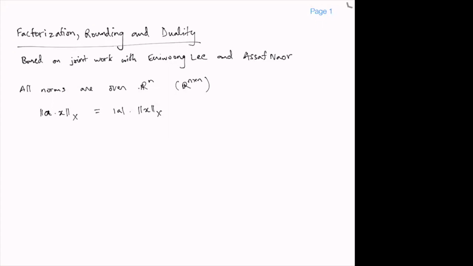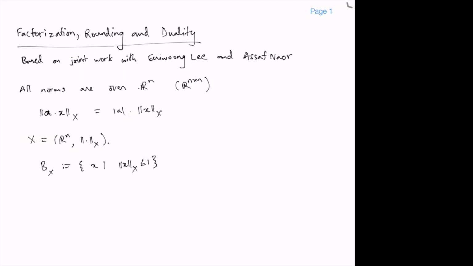I'll refer to a normed space by capital X. By this I mean that it's R^n endowed with the norm of x. We'll denote the unit ball of this norm, B_X, as the set of unit vectors according to this norm, so it's x such that the norm of x is at most 1.